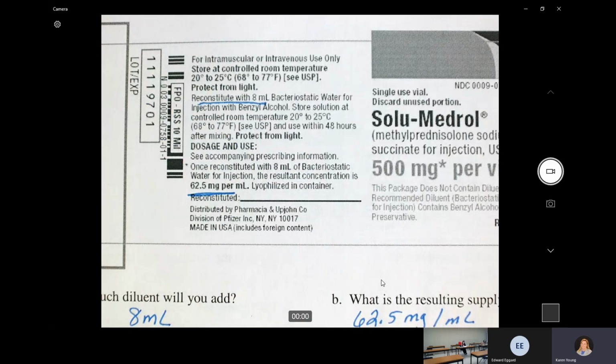You'll have to put the date it was reconstituted, the time it was reconstituted, your initials and your licensure, because some of these are only good for like 7 days, some of them are only good for like 24 hours. So you'll have to put the date and the time also. If it's good for 24 hours, you'll put the next day. If it's good for 7 days, then you figure out what the expiration date is on it. So that's in the chapter 12 reading.